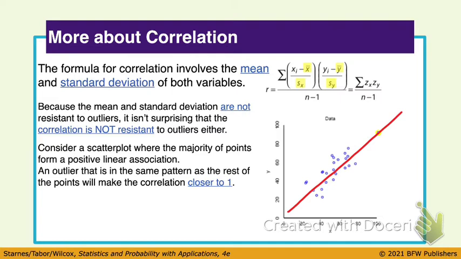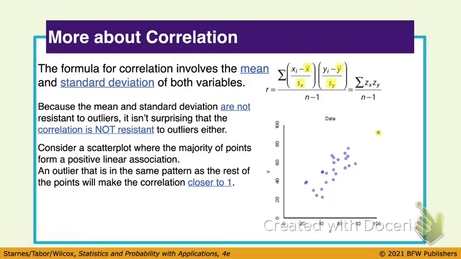And that's because now I have a dot that is in the linear pattern and kind of saying, hey, this line is a really good linear fit. Look at this. It even works way out here. And so if the dot is in the general trend or the path of the linear association, then it is going to make the correlation stronger or closer to 1, or -1 if it was negative.